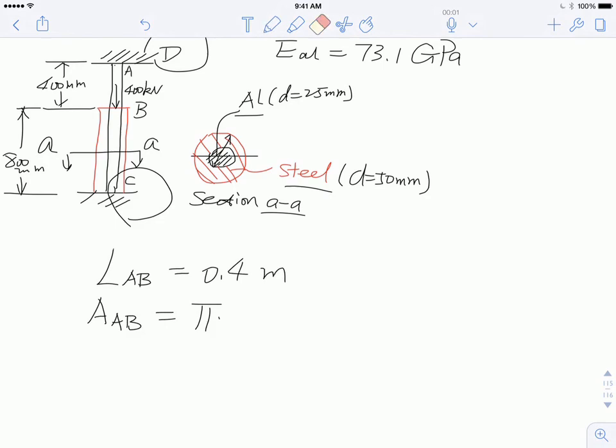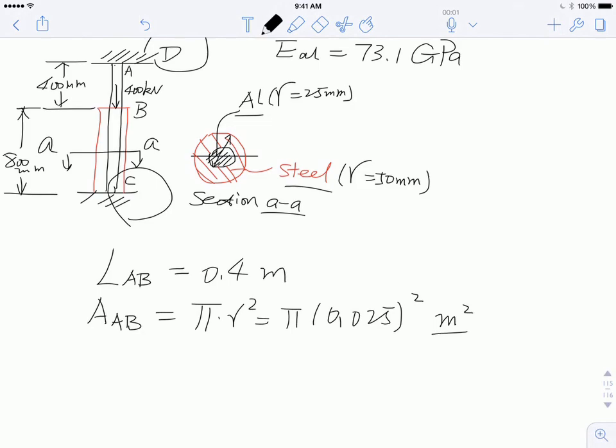Oh, sorry, I think this condition I gave you wrong. This is not diameter, this is radius. Apologize for that. So pi r squared for aluminum, because AB is aluminum. It's equal to pi times 0.025 squared, in meters squared, because later on I want the displacement in meters.